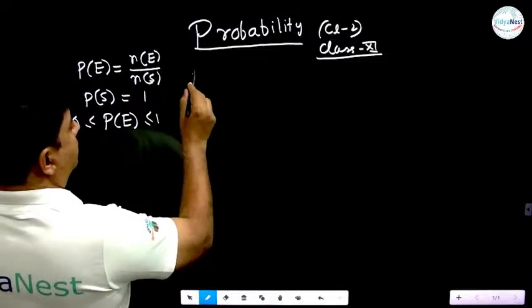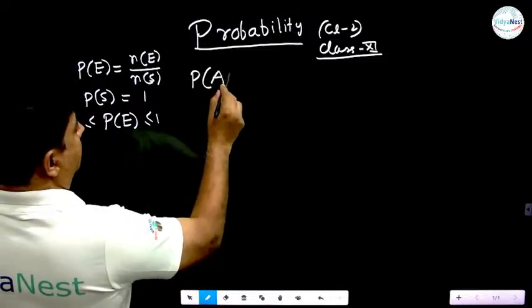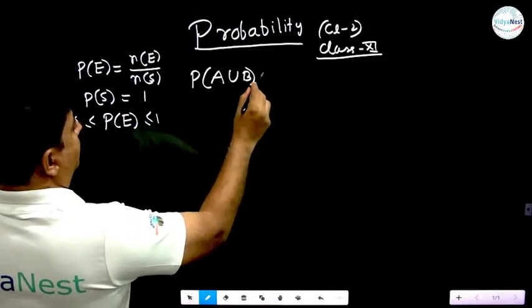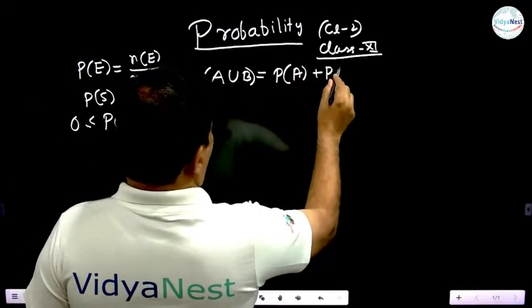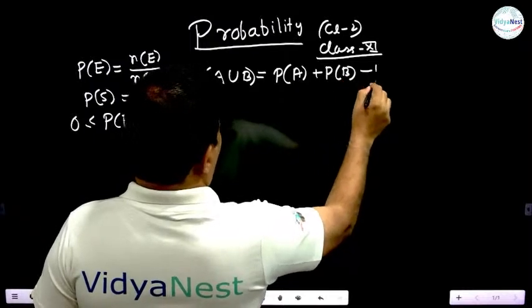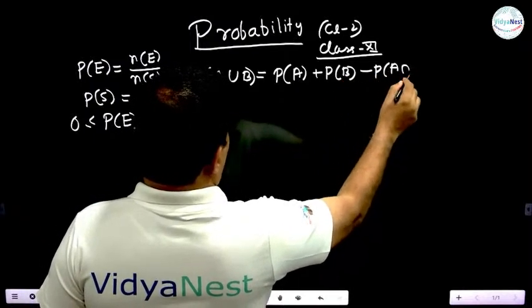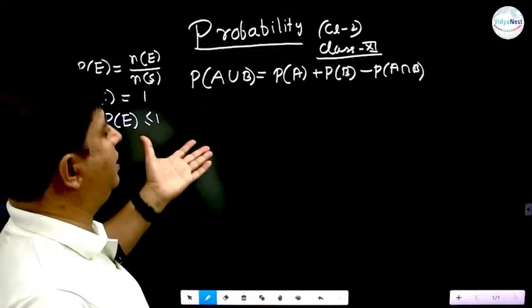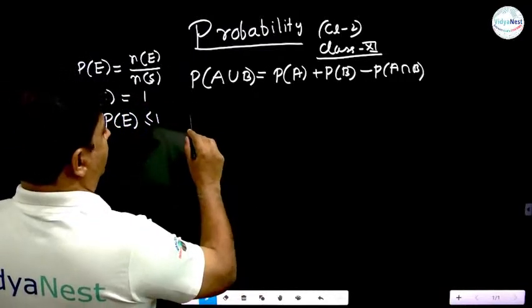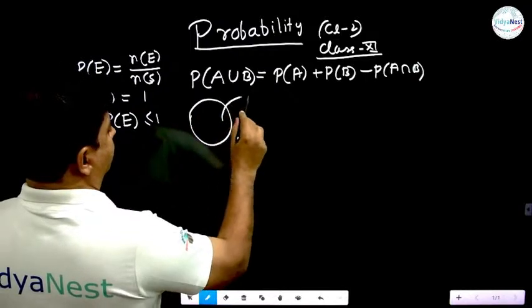We got this result: P(A union B) is P(A) plus P(B) minus P(A intersection B), and that property can be easily remembered if we follow the Venn diagram.